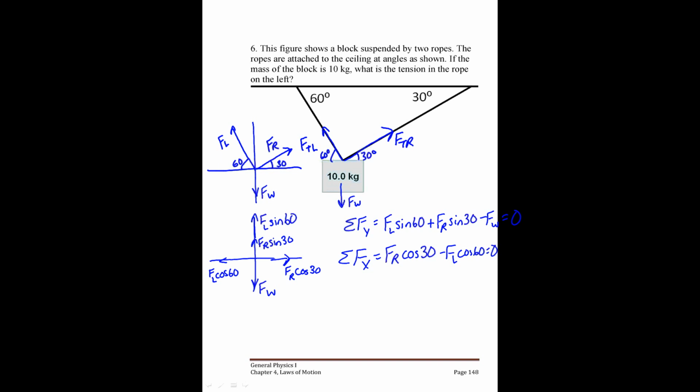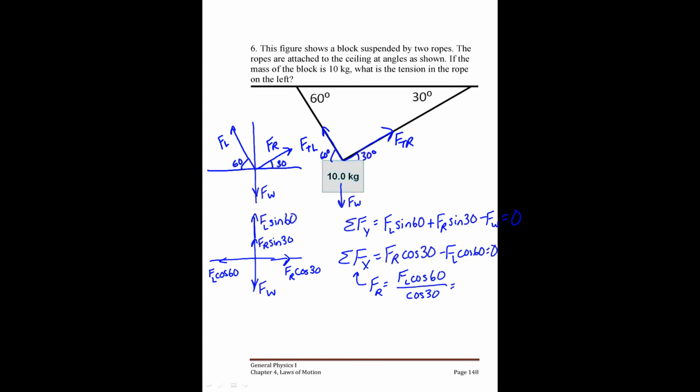Now I'm looking for FL. Both of these equations have two unknowns. The two unknowns are FR and FL, but I'm looking for FL. So I'll solve this bottom equation for FR, and I find that FR is equal to FL cosine 60 divided by cosine of 30.